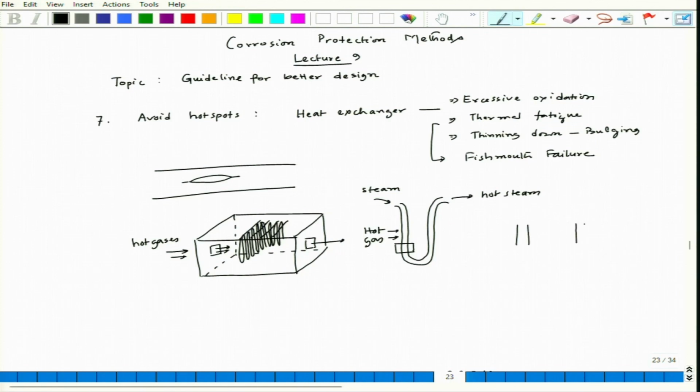If we look at the design of it, this is the wall thickness of the tube, and this is the inner wall and outer wall, through which steam is flowing.